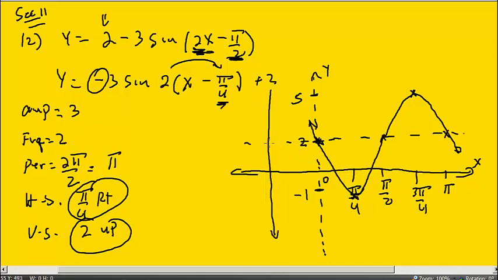So I'm going to transfer all my information. That's 2, that's 5, and that's negative 1, and that's my new 0. Then I can erase my old y-axis, so it's not so confusing.